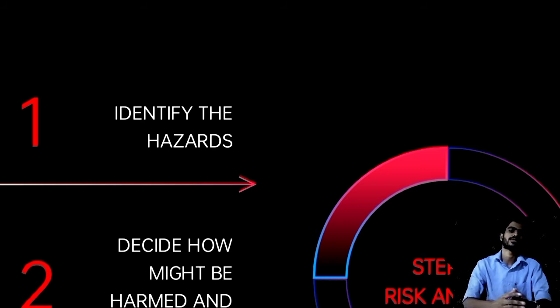In a factory, there may be many types of employees or workers. They may include young workers, migrant workers, new or expectant mothers, and people with disabilities. So, they may be affected by the use of such chemicals or other harmful substances. So, the first step in risk analysis is identifying the hazards.